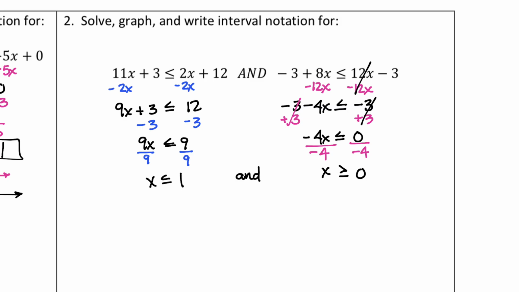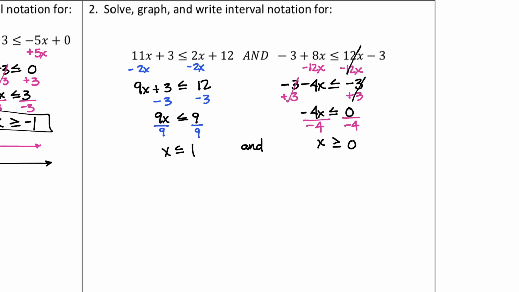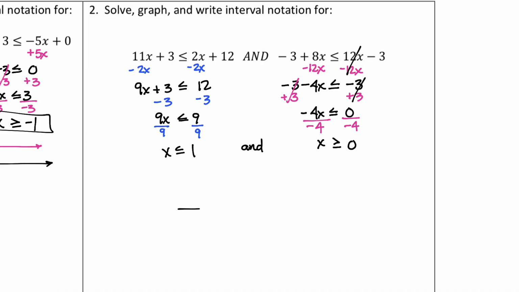Okay, back to here. Let's do our number line next. Make certain you leave room for your work above it. So here's 0, here's 1. Okay, so the blue part. Closed circle at 1, and it goes to the left. Pink part. Closed circle at 0, and it goes to the right. And means overlap.